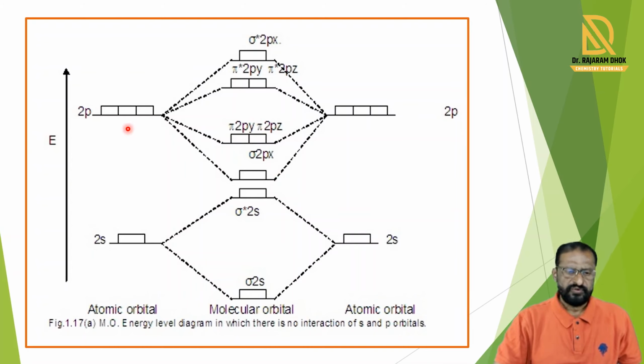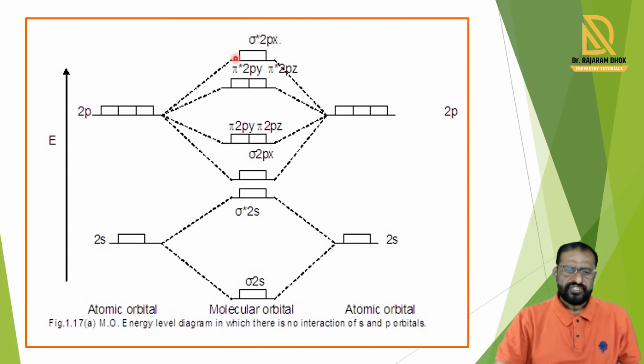Now when these px and px wave functions are different, they repel and form an anti-bonding molecular orbital, that is sigma star 2px, and it acquires higher energy because these orbitals are repelled more and more, and so it acquires the highest position in the diagram.